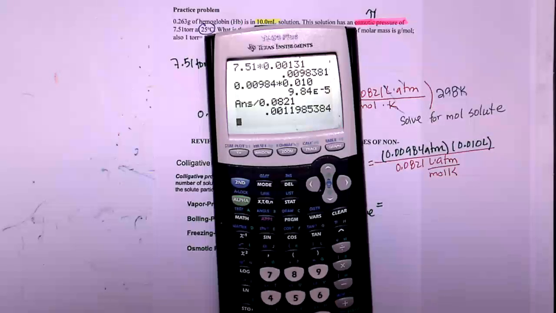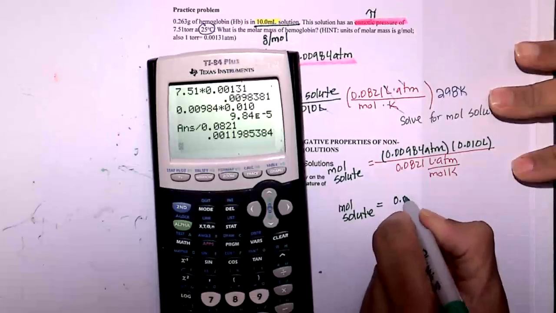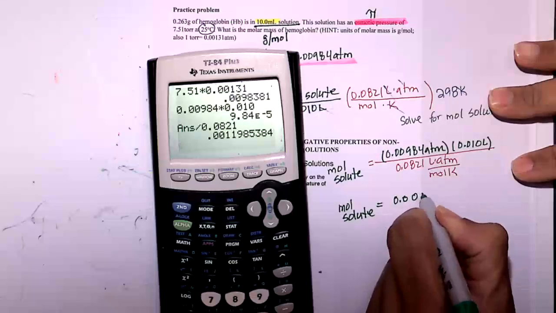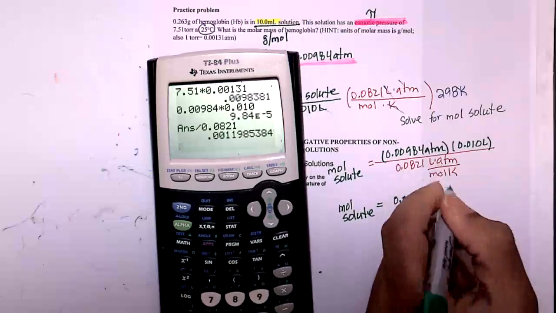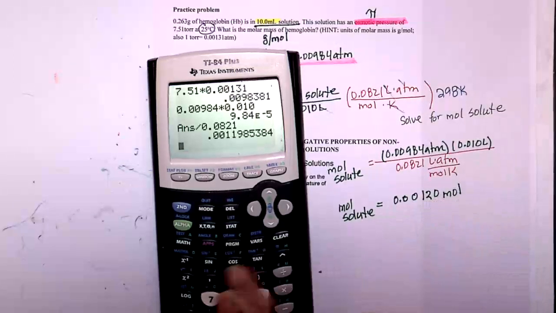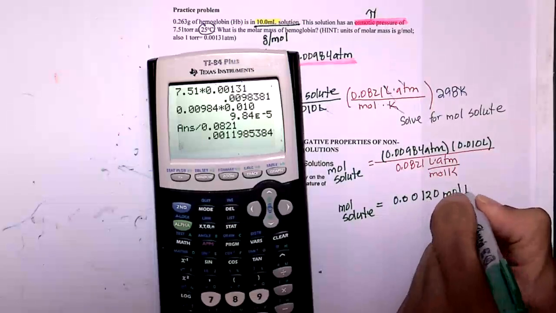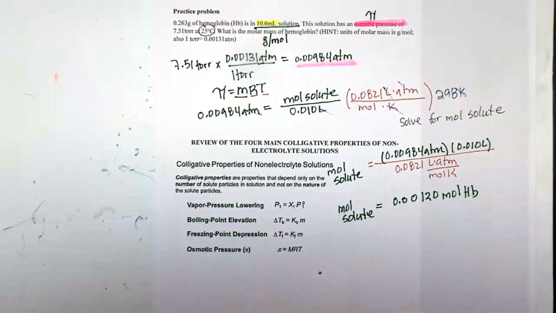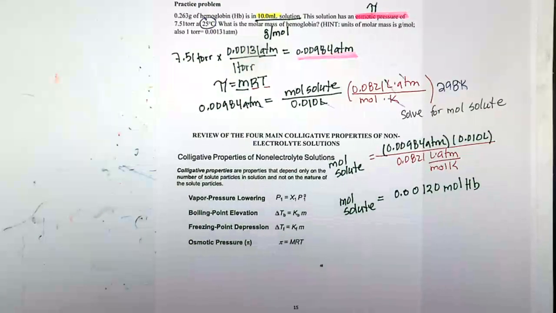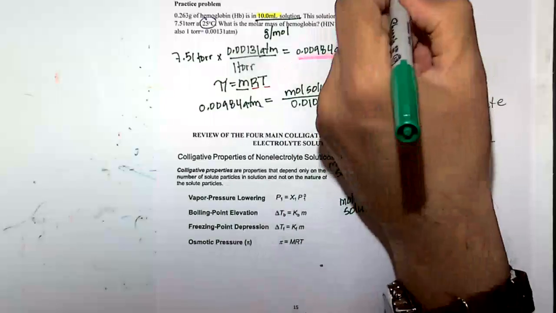So I'm getting about 0.00120 moles. This is our moles of hemoglobin, the solute. Then what does the 298 Kelvin do? Do they cancel out somewhere? Yeah, the Kelvin cancels out with the units of R.